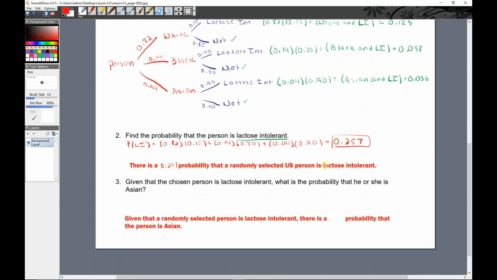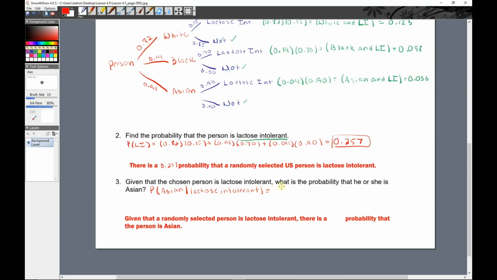So the last one: given that the person is lactose intolerant, what is the probability that he or she is Asian? So this is the probability of picking an Asian given that they're lactose intolerant. So we'll use that formula.